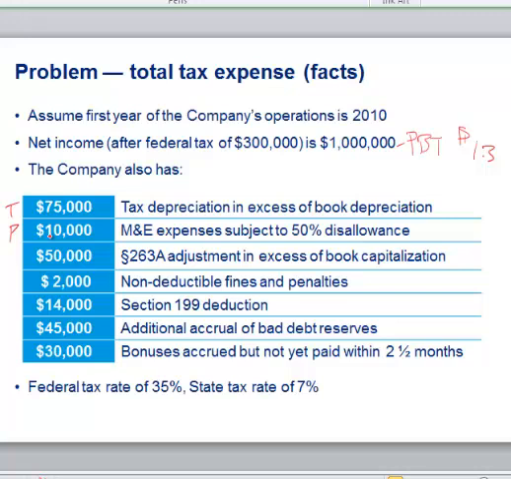Alright. Okay, 263A adjustment. Nellie, is that perm or temp? Temp. Okay, why is that temp? Vicky, why is that temp? So 263A, for those of you who don't know, is the tax law says some of your G&A costs could arguably relate to inventory.